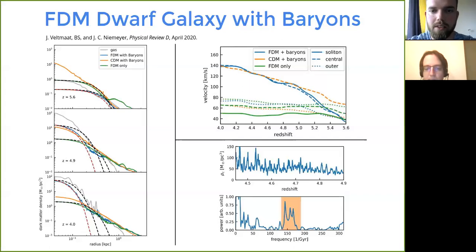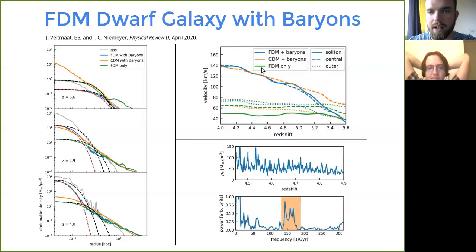And the second thing that we could show is here on the upper right panel. That's velocities for different redshifts in these three different scenarios, and at three different radii, basically. So outer, meaning at the virial radius, central, meaning close to the soliton, and then actually the soliton here represented with solid lines.